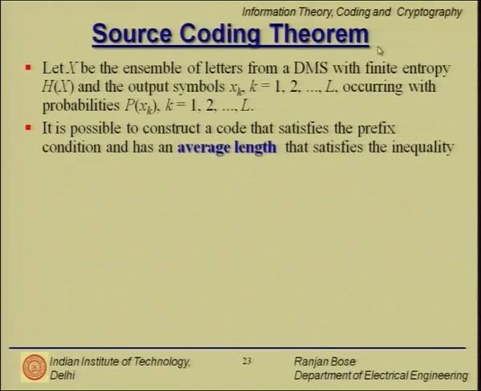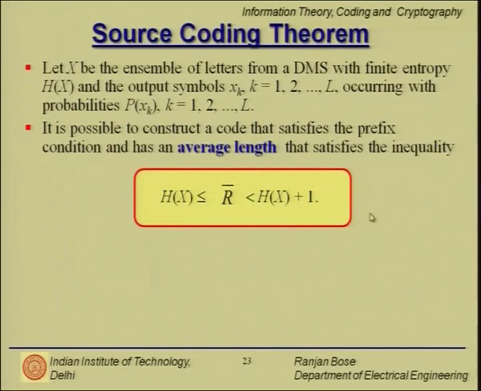So, the source coding theorem tells us that it is possible to construct a code that satisfies the prefix condition and also has an average length that satisfies the following inequality. This R bar is the average length, and it says that the average length for the symbols from this DMS is lower bounded by the entropy of the source H(X) and is upper bounded by H(X) plus 1.